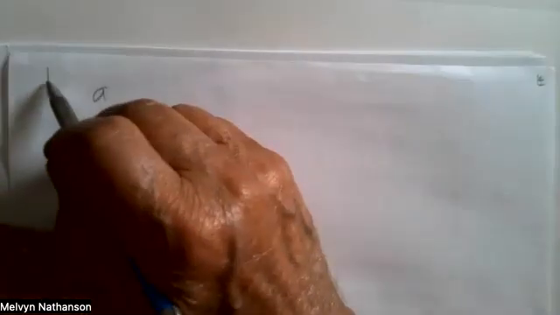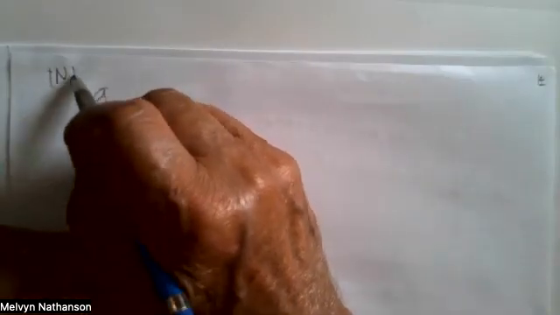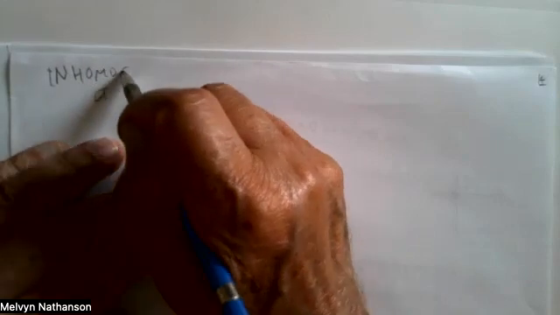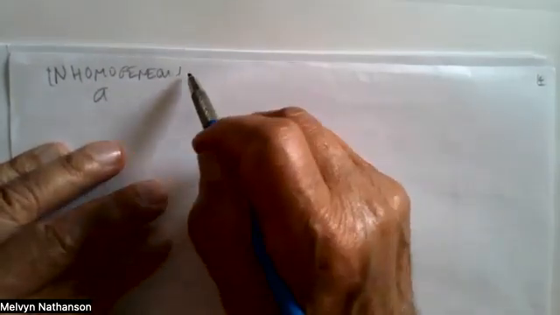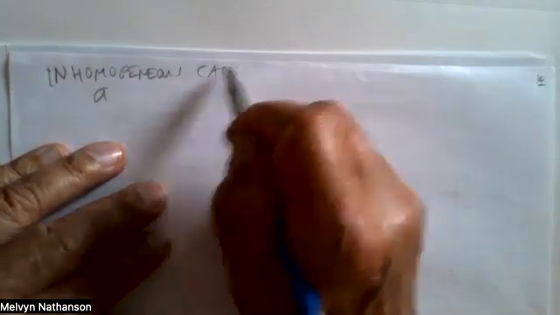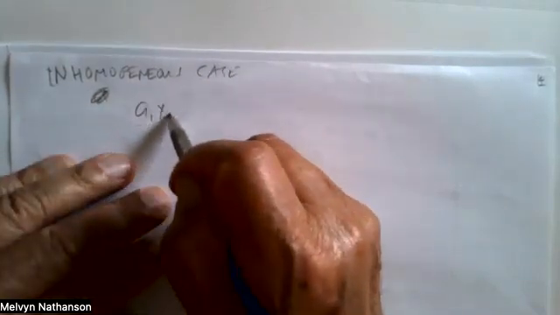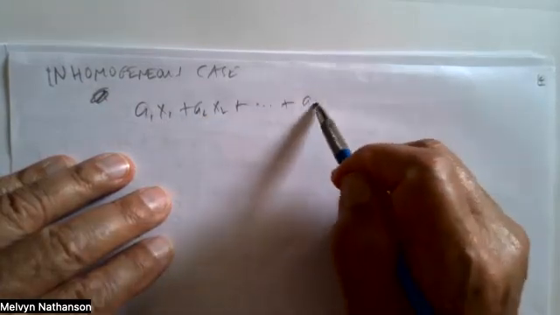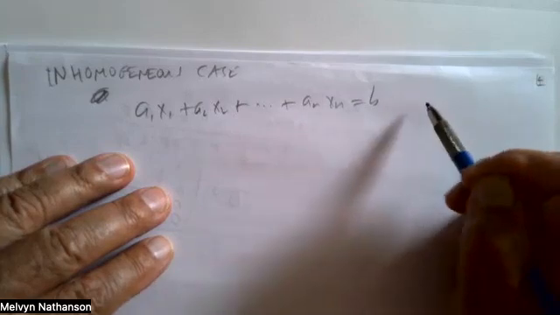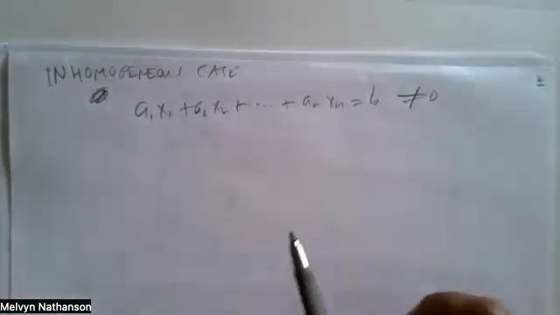Let's look at an inhomogeneous equation. This is the inhomogeneous case: A1x1 plus A2x2 up to Anxn equals some number b, which is not zero.